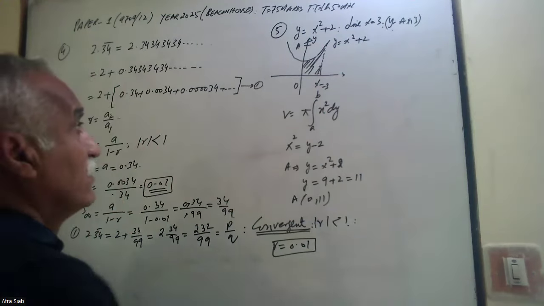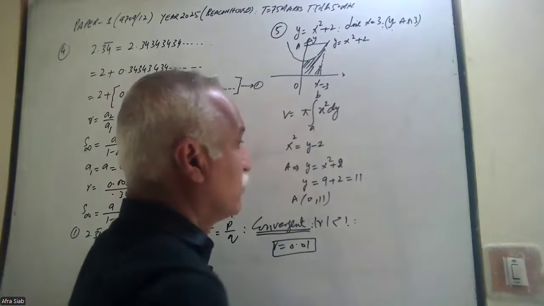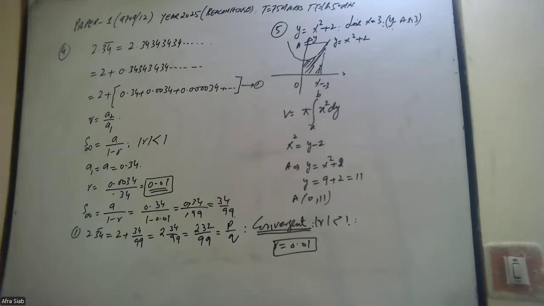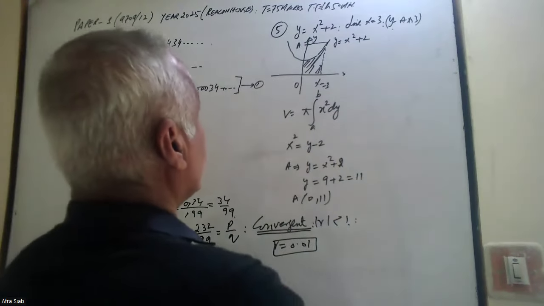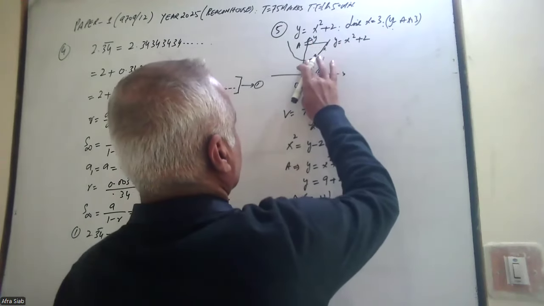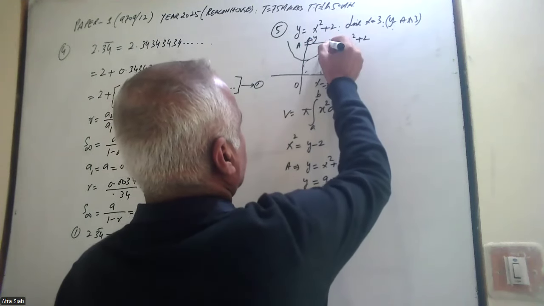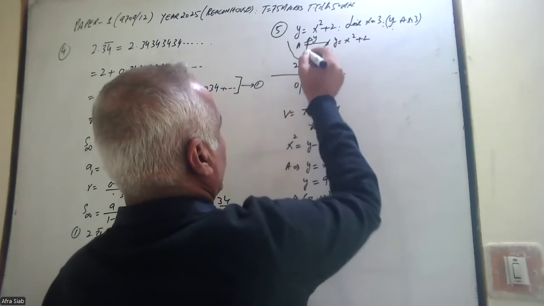Now you are going to find the volume of this portion about the y-axis. The limits are 2 to 11.